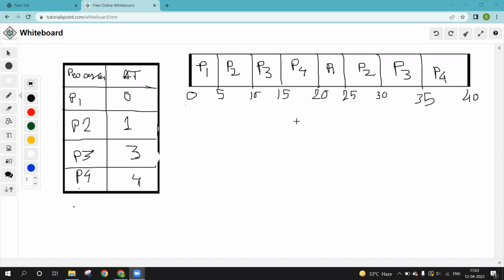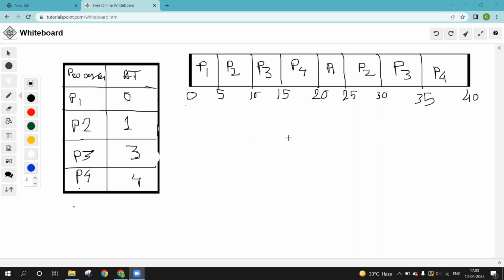Today we will discuss how to calculate the response time, waiting time, turnaround time, and burst time from a given Gantt chart. In the GATE examination, there will be some questions where you need to draw the Gantt chart with the help of algorithms like first come first serve, shortest job first, shortest remaining time first, longest remaining time first, and round robin.